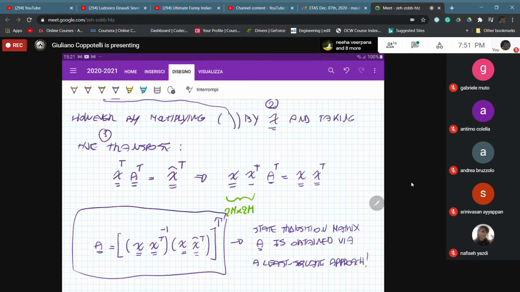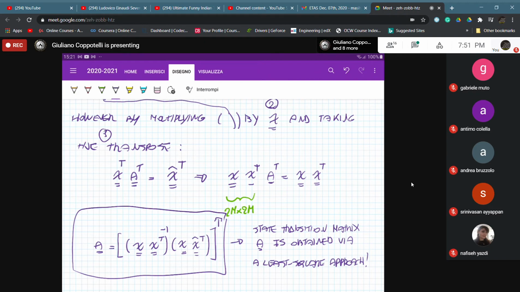So we can still use the same formulation, that is the Ibrahim time domain technique, also when the number of your sampling times is much larger than the order of your system.